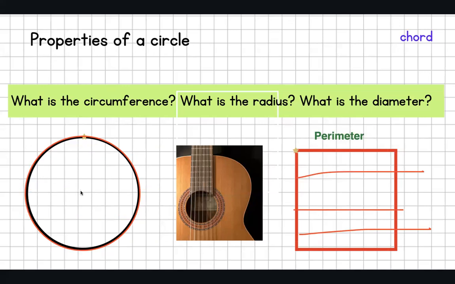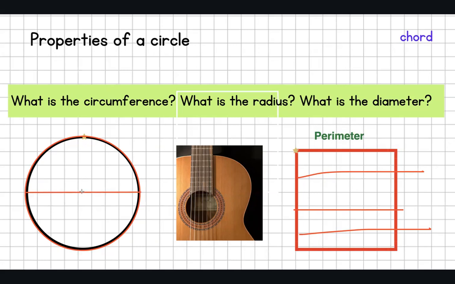So the diameter is when we go right to the midpoint of the circle, right to the very big middle here at its widest point, and we measure from this end to this end at its widest point, right in the middle, because it's a perfect circle. This is the diameter.